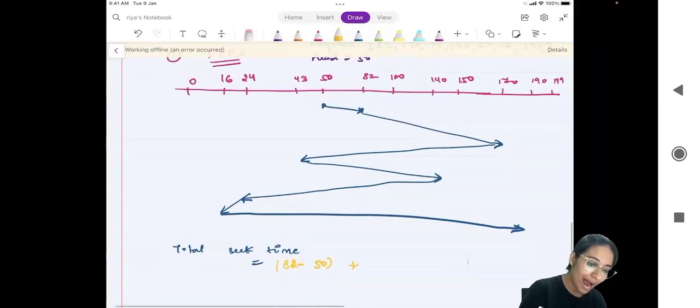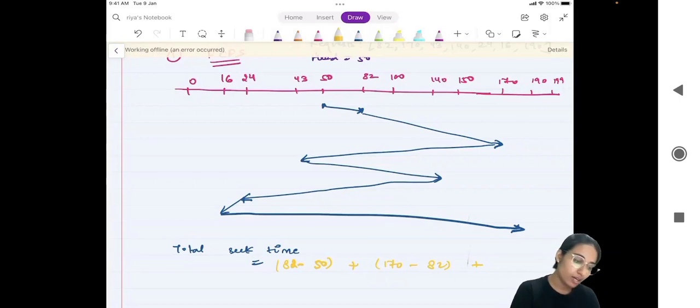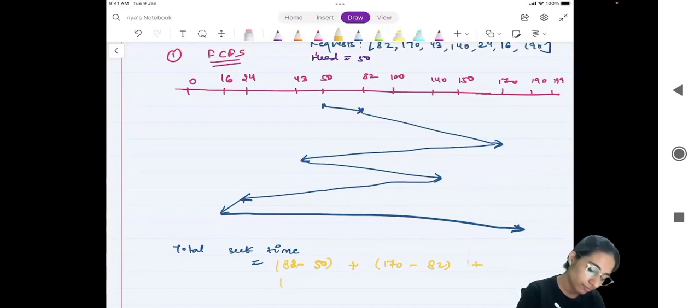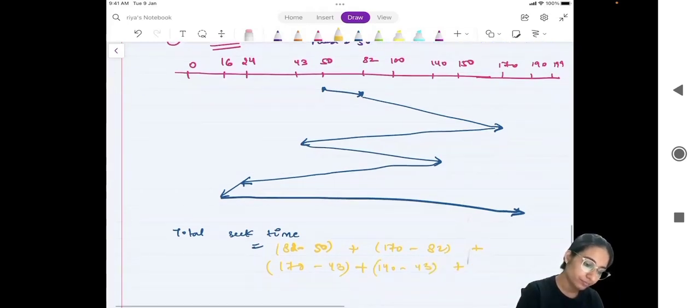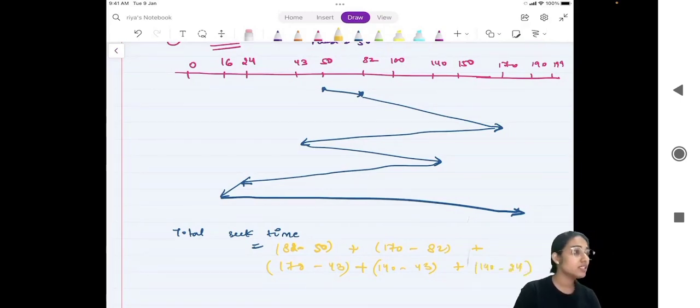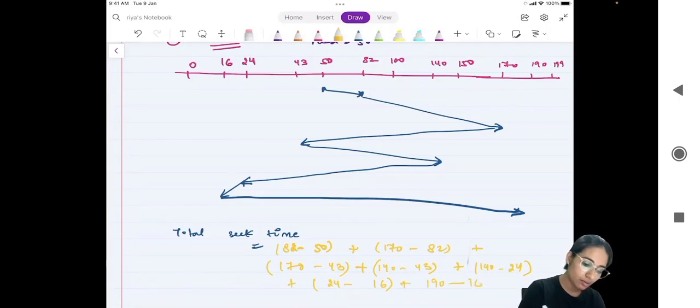Then we add 170 minus 82, plus 170 minus 43, plus 140 minus 43, plus 140 minus 24, plus 24 minus 16, plus 190 minus 16.